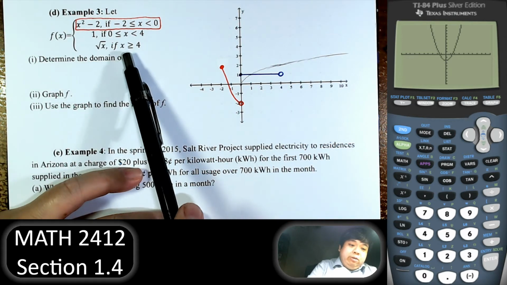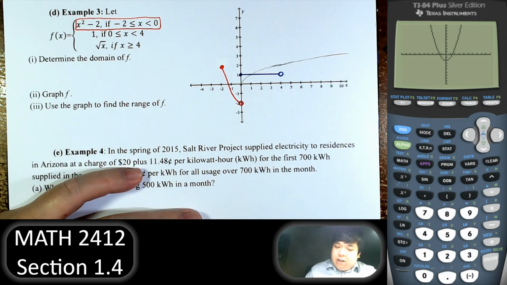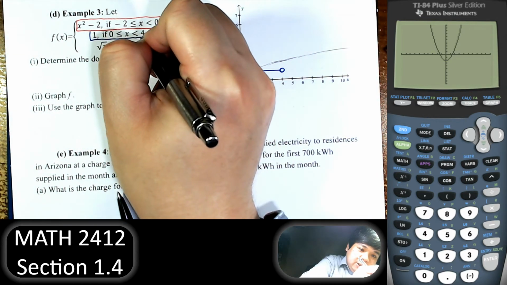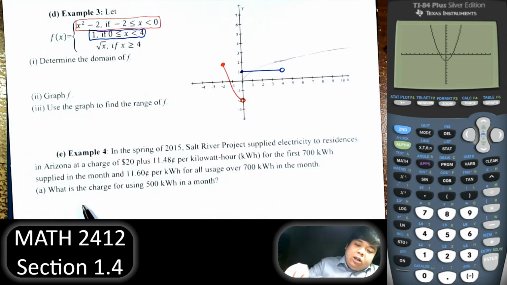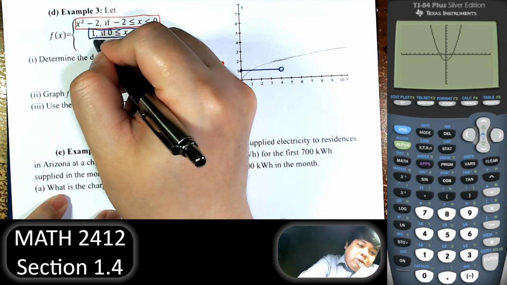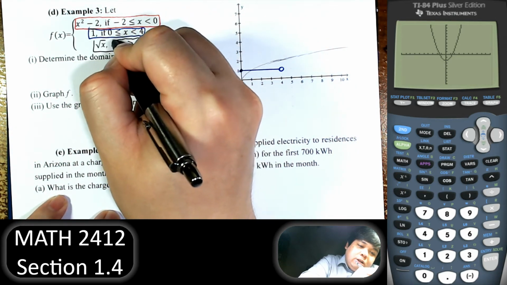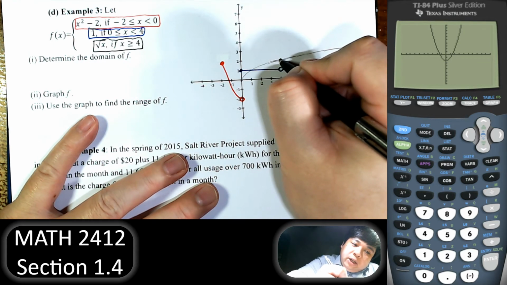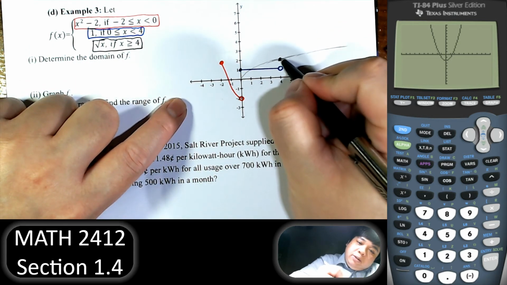But it's only for x greater than or equal to 4. So we just have that part where x is greater than or equal to 4, including x equal to 4. So we just have this part.